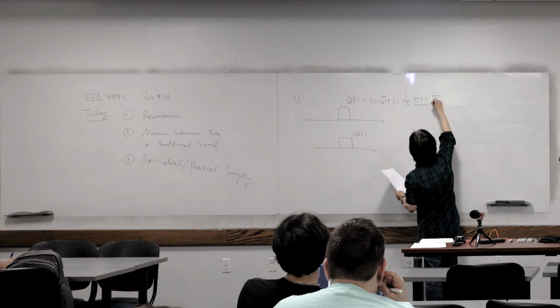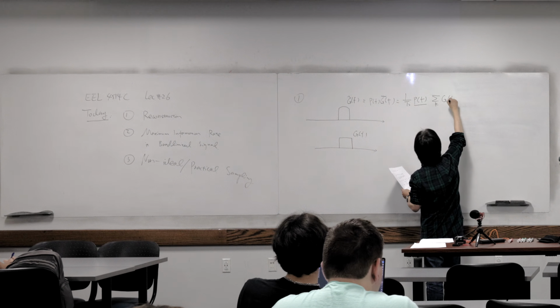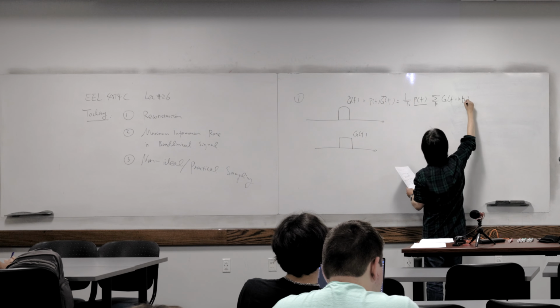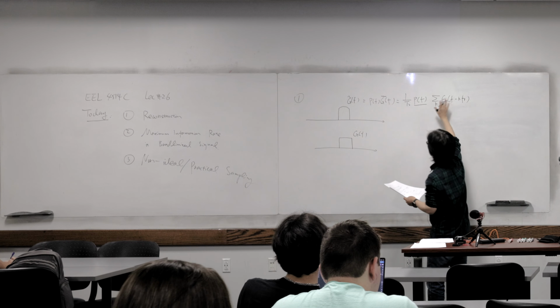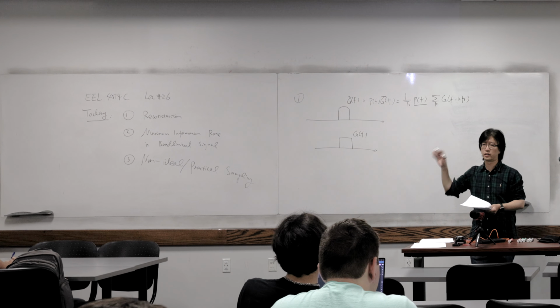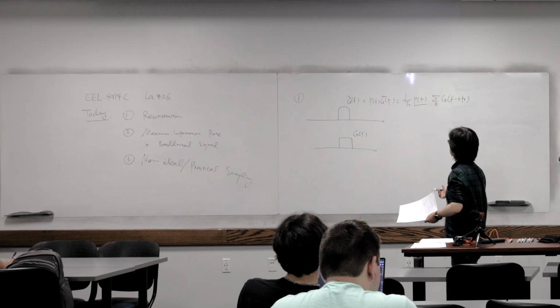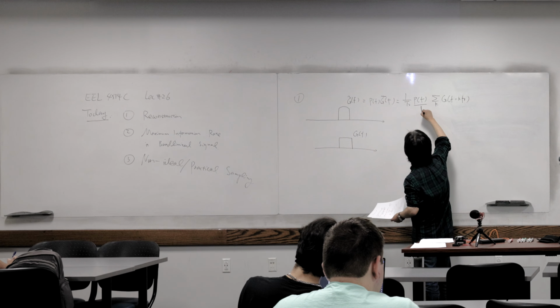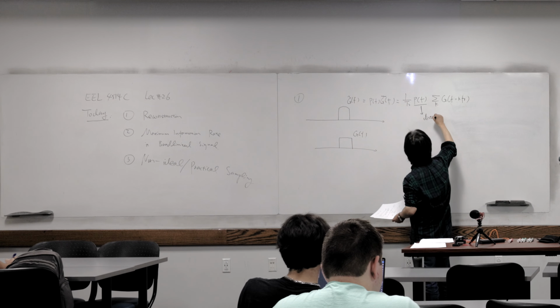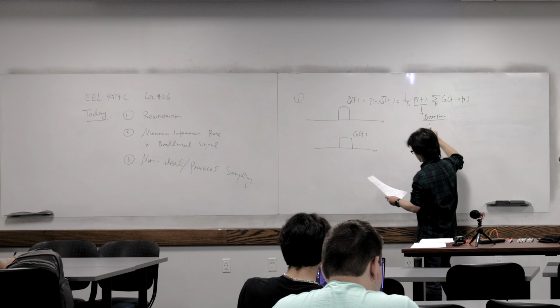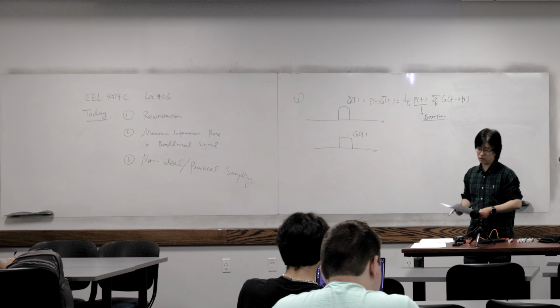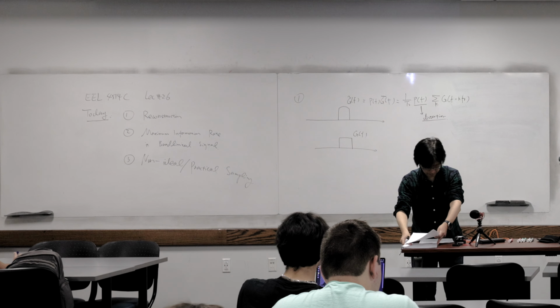And then we have something like this, and G(f minus k fs), right? So this is basically the formula that we're gonna use to reconstruct G tilde. So the real problem is here. This causes distortion, right? So how can we deal with this problem?